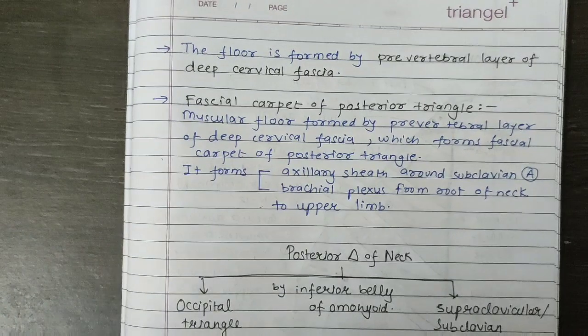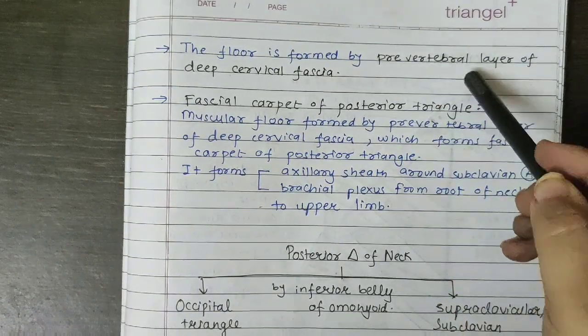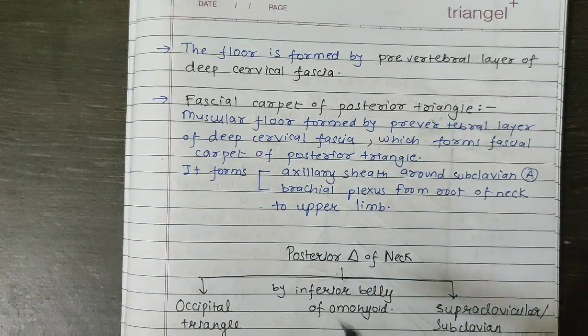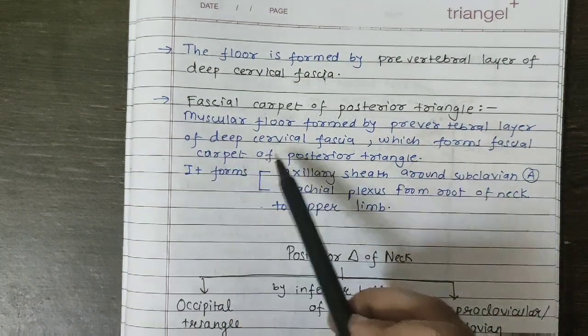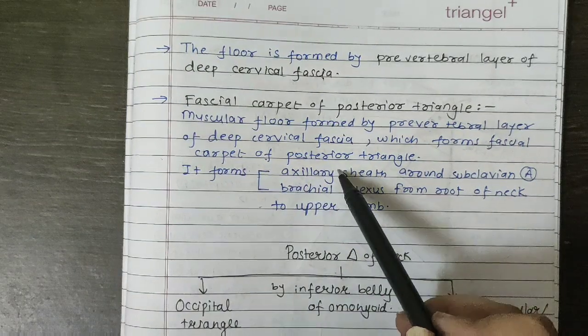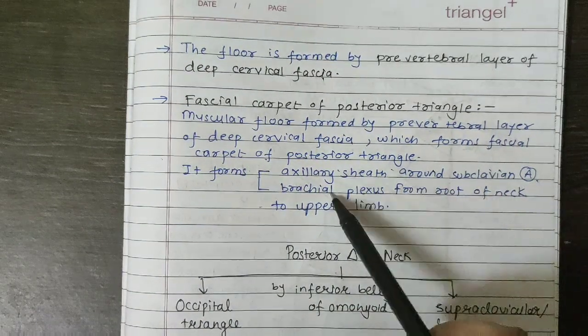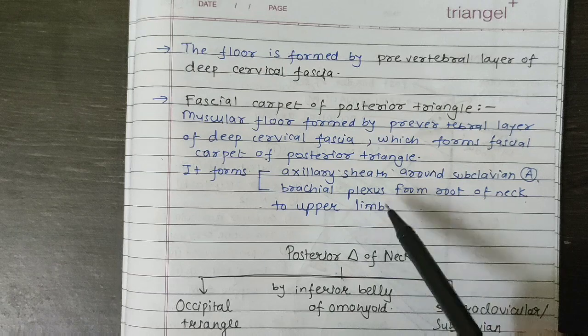Now coming on to the floor, it is formed by the prevertebral layer of the deep cervical fascia and this deep cervical fascia is also forming a fascial carpet of posterior triangle which forms the axillary sheath around the subclavian artery and brachial plexus from root of neck to upper limb.